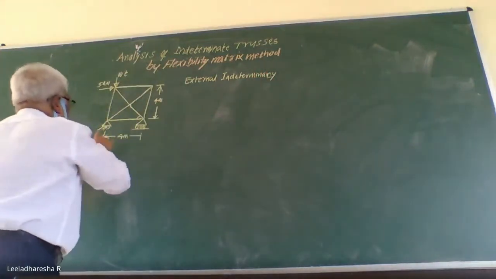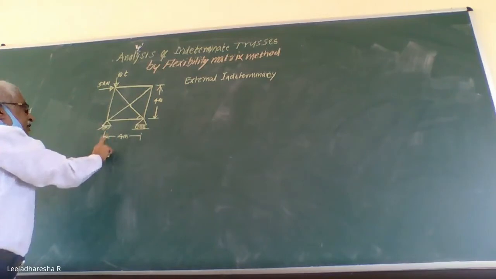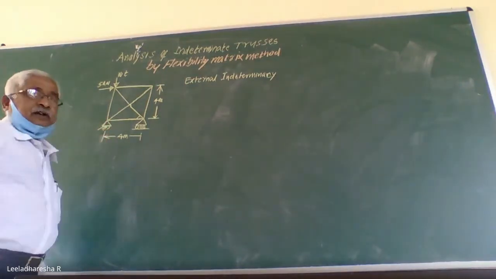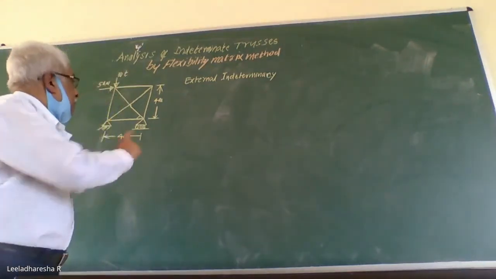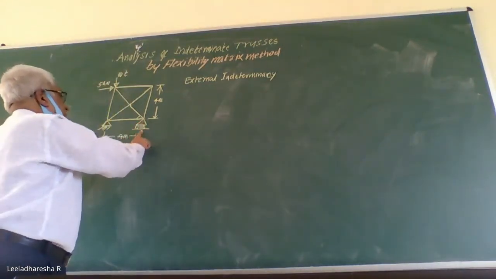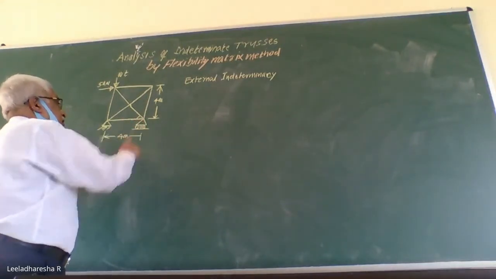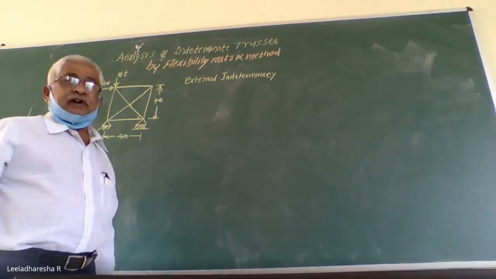Here there are two reactions, one in the vertical direction and another in the horizontal direction, because it is a hinge. Here this one is a roller. At the roller, perpendicular to the surface, there exists only one reaction.